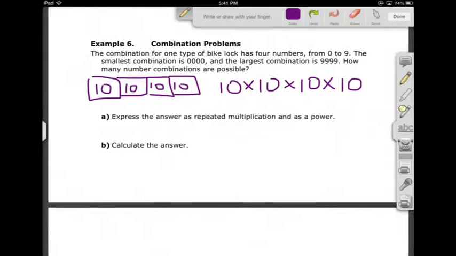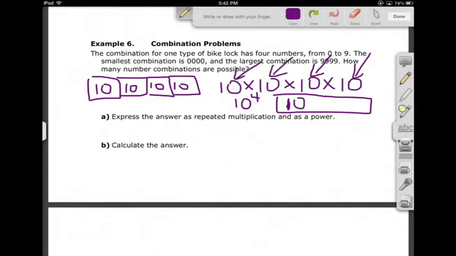Or we could say that there are 10 to the 4th possibilities. Easy way to write out what the number is: when you're multiplying by powers of 10, put the number 1 and then count the number of zeros, or just look at your exponent. 10,000 possible combinations on a bike lock that's numbered 0 through 9.